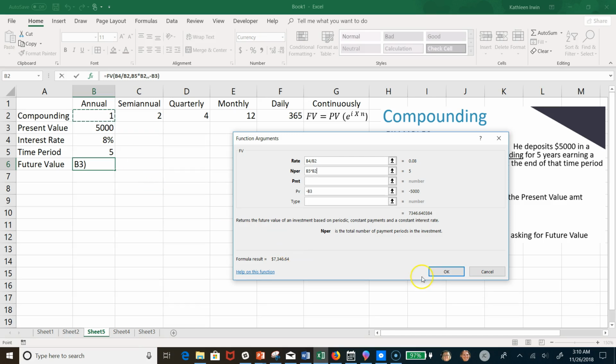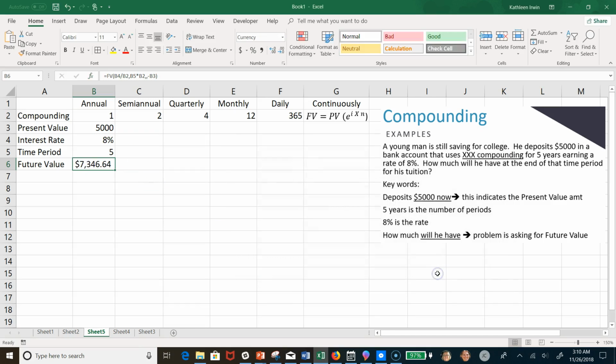So we can click OK here. And this is going to give us our future value of this $5,000. But not only this future value, we can get on our fill handle right here at the corner of our cell. If you haven't done this before, this allows us to copy this formula over.